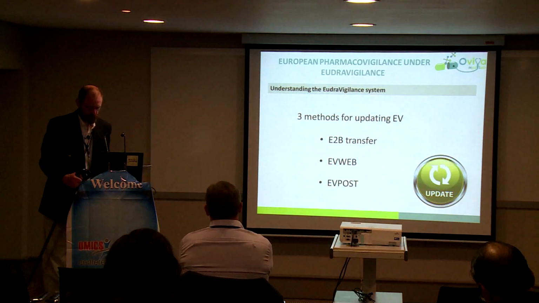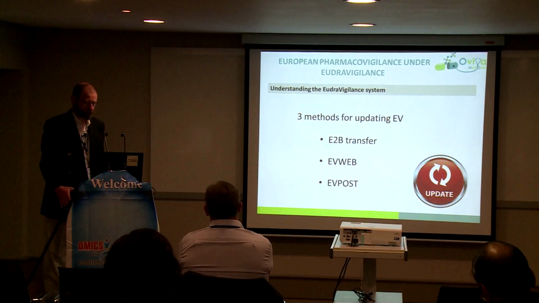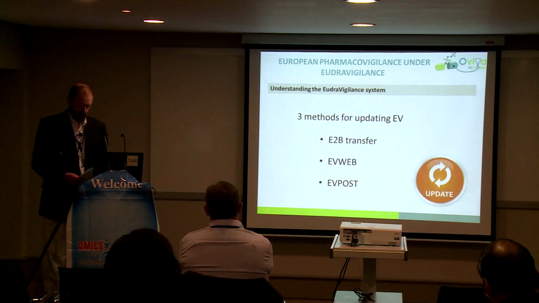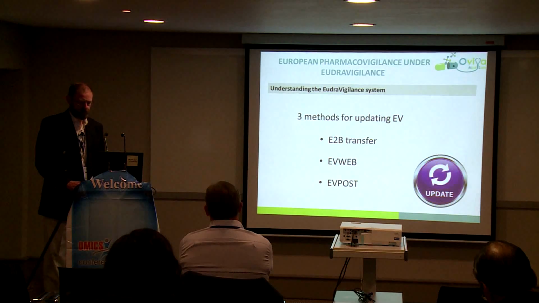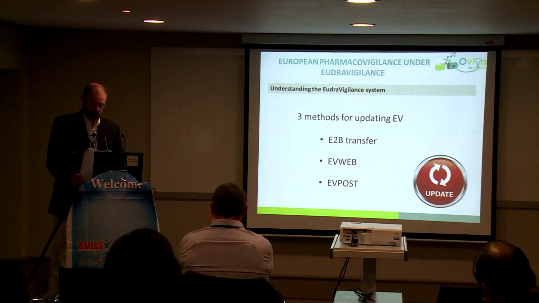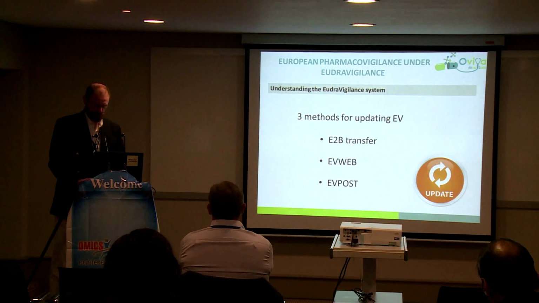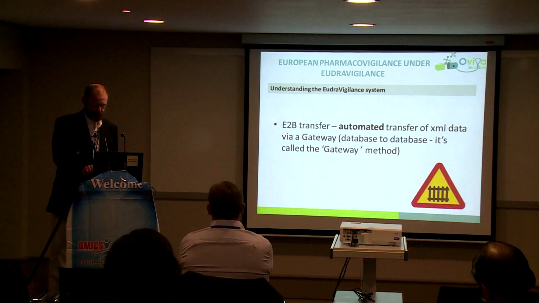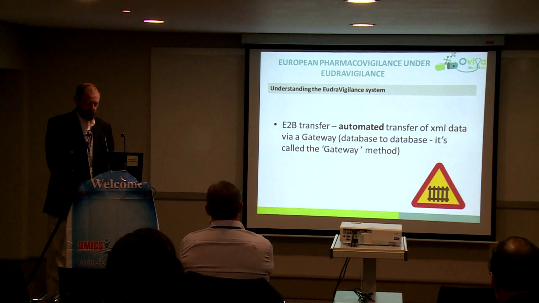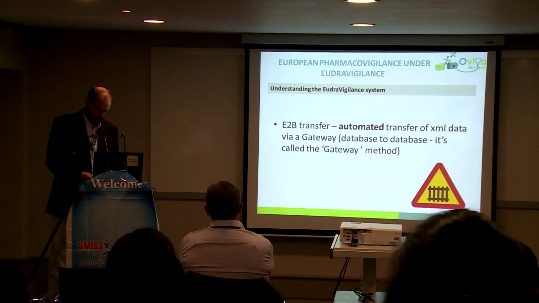So there are three methods for updating the EudraVigilance. They are the E2B transfer, the EV web and the EV post method. I want to go through each of these in turn. The E2B method is really an automatic method.